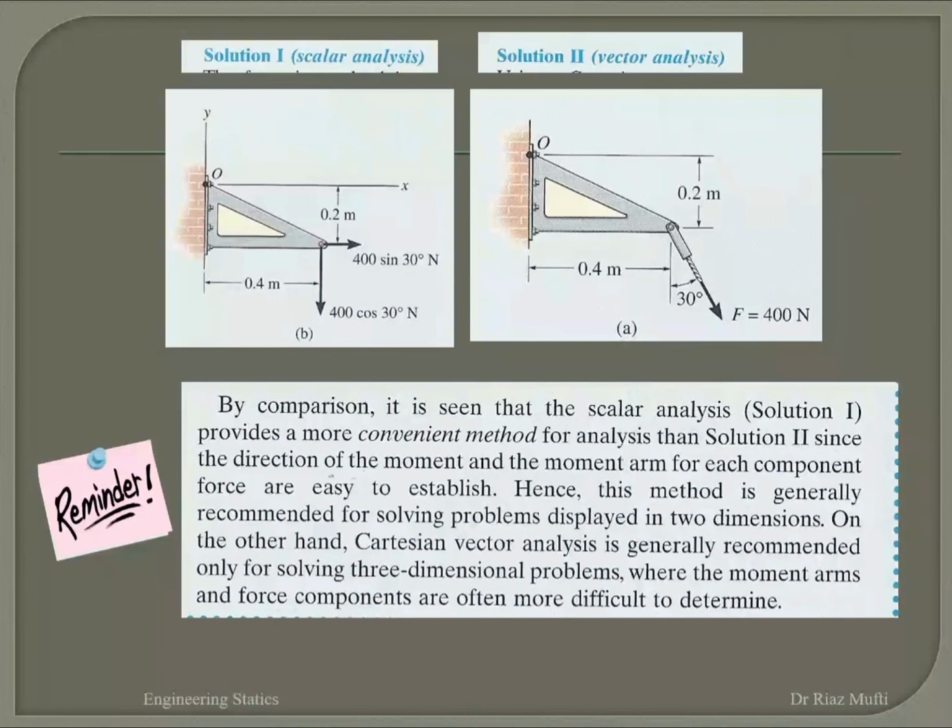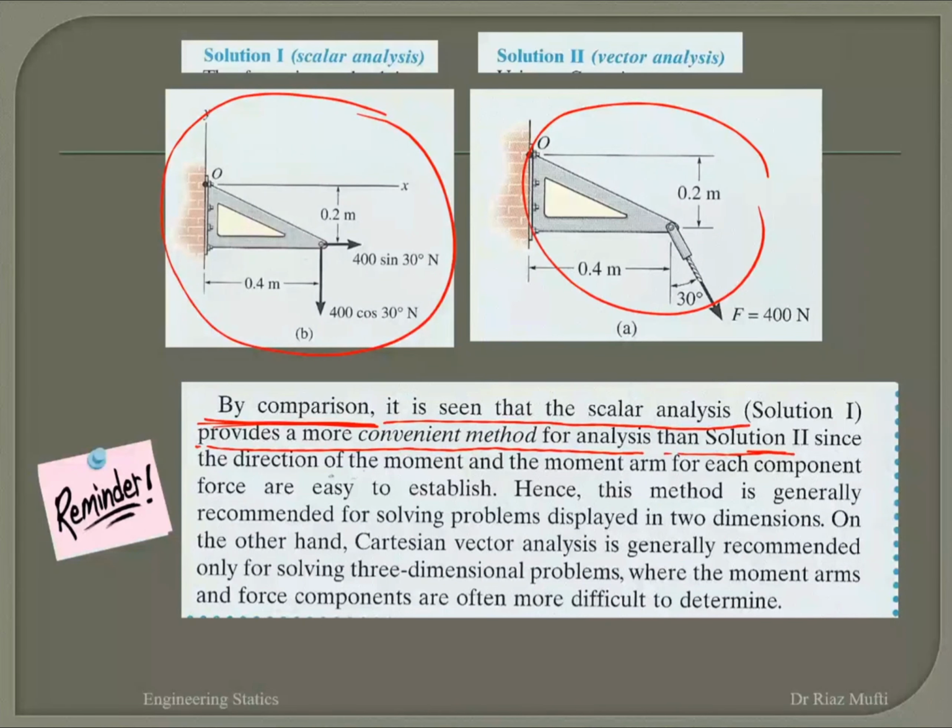It says that, by comparison, the scalar analysis, which is this one, provides a more convenient method for analysis than solution 2, which is this one, since the direction of the moment and the moment arm for each component force are easy to establish.